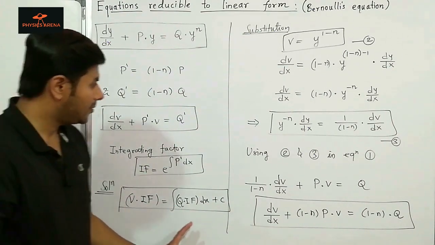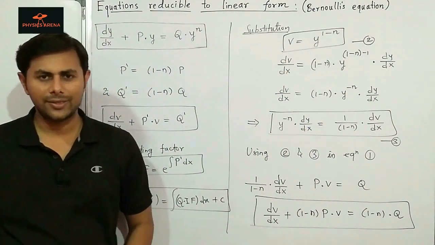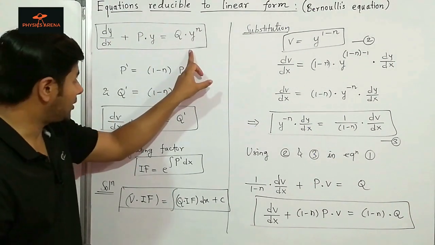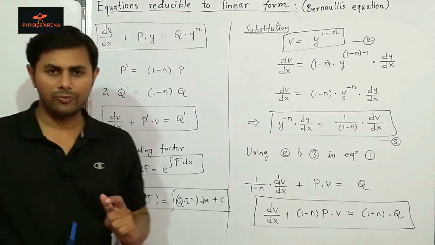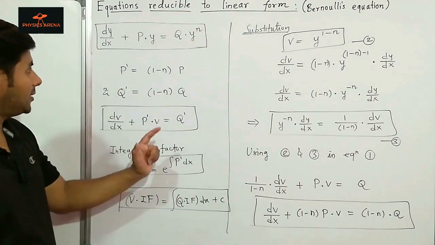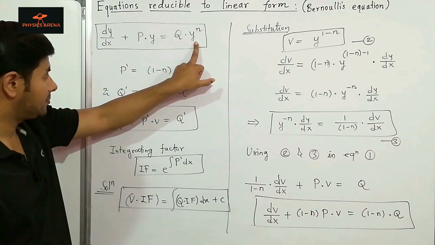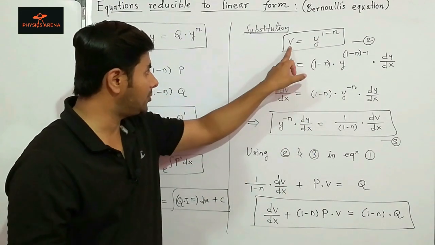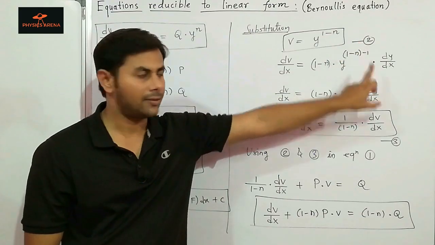Now this way we can solve this differential equation. So let us revise the method once. Given this differential equation, which is reducible to linear form, the first step is to divide this equation by y raised to n, and then the next step is to substitute v equals y raised to 1 minus n.